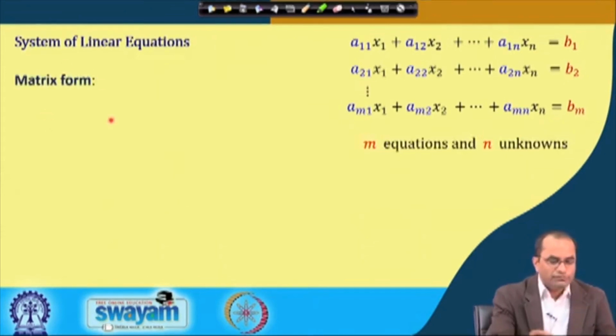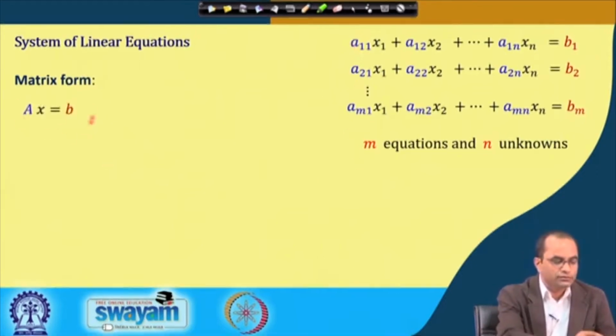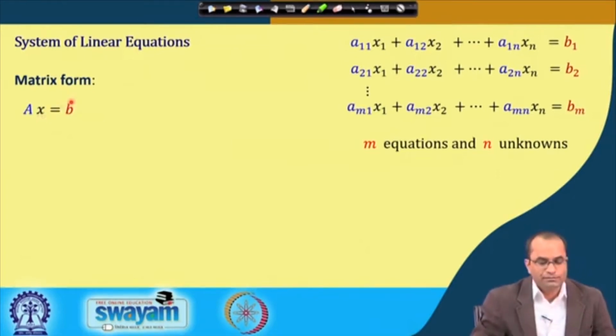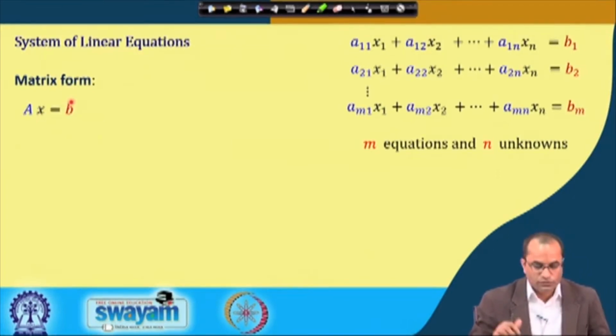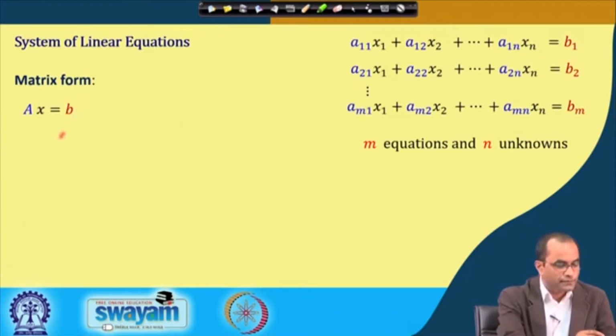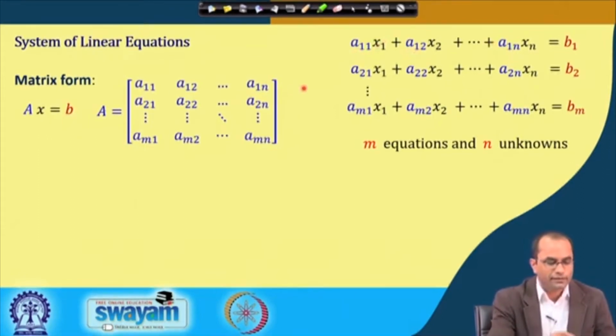So, in the matrix form we can write these equations as follows: Ax is equal to b. A will be the coefficient matrix, x will be the vector of unknowns, that means x1, x2, x3, xn, and then we have b, the right hand side vector, whose components are b1, b2, b3 and bm. Here in the coefficient matrix we collect all these coefficients: a11, a12, a1n are the coefficients from equation number 1.